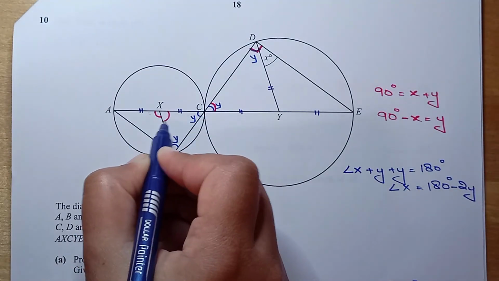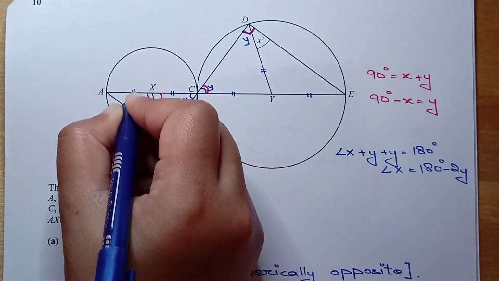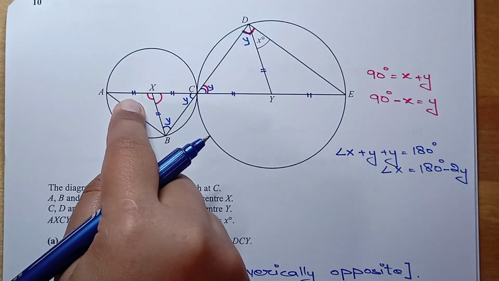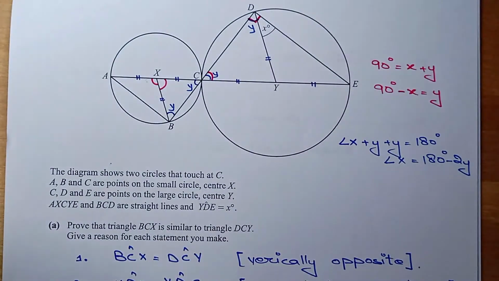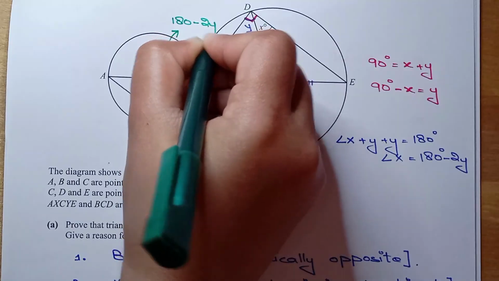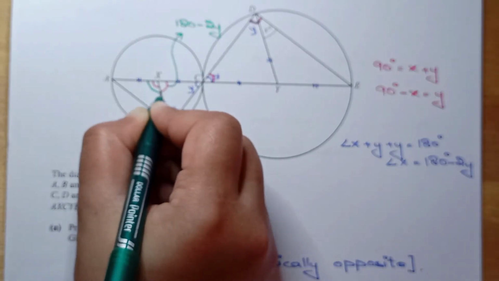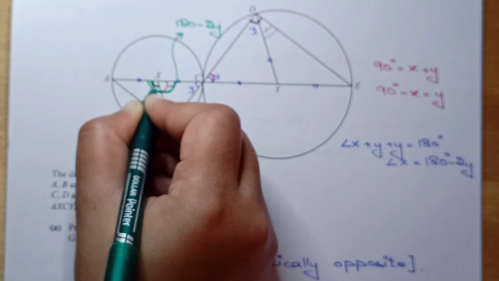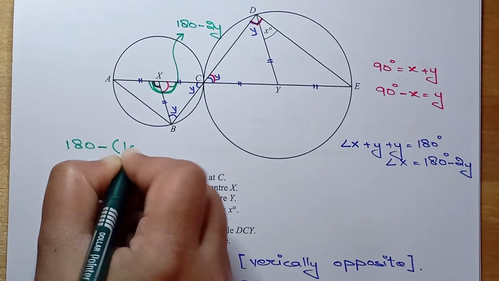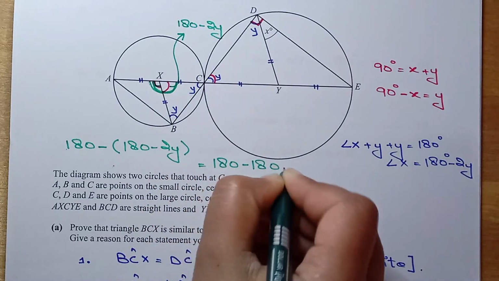Now we need to find this other angle. This whole angle is 180 degrees, and when we subtract this angle from 180, we will get that one. So angle X is 180 minus 2Y, and to get this one, AXB, we do 180 degrees minus (180 minus 2Y), which is 180 minus 180 plus 2Y.